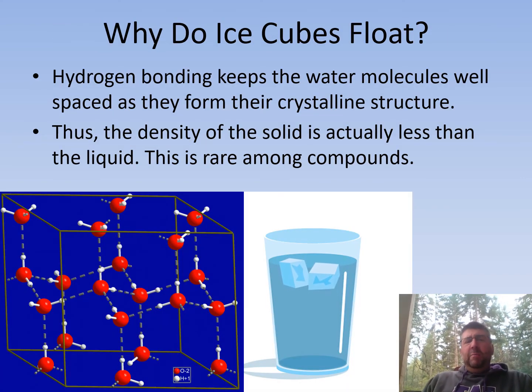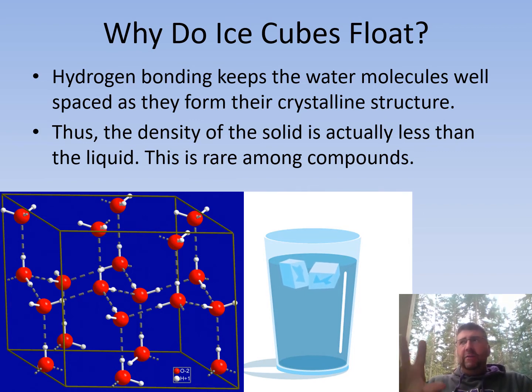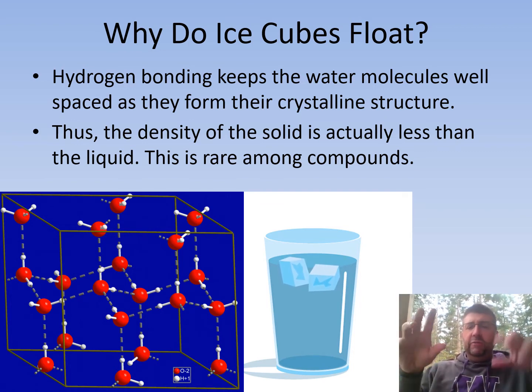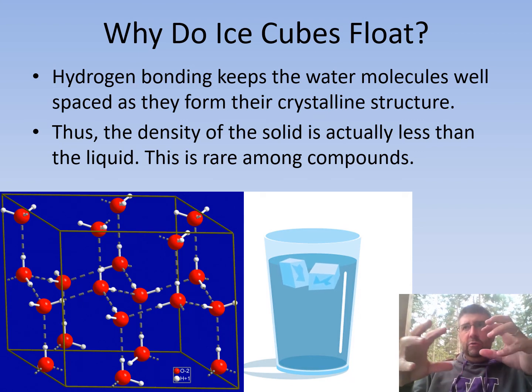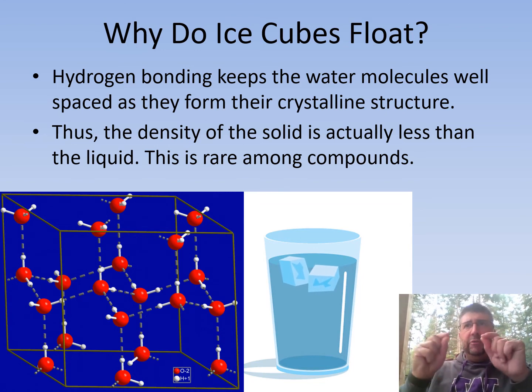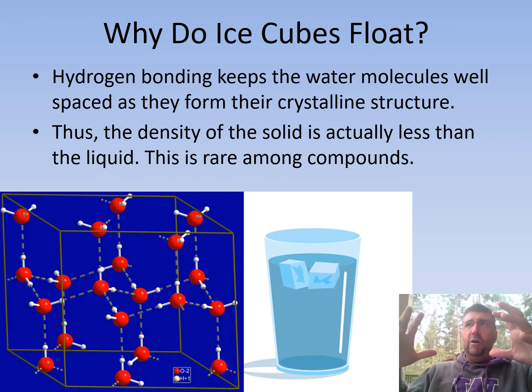All right, let's talk a little bit about why ice cubes float. I have a video also posted about this on the Google Classroom that you can check out that goes into more detail. But generally speaking, as substances get colder and the molecules slow down, they start to contract, they start to become more dense. As they're moving slower, they're not able to bounce off of each other with as much force and maintain that larger volume.